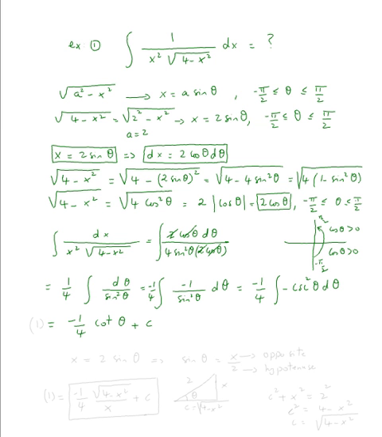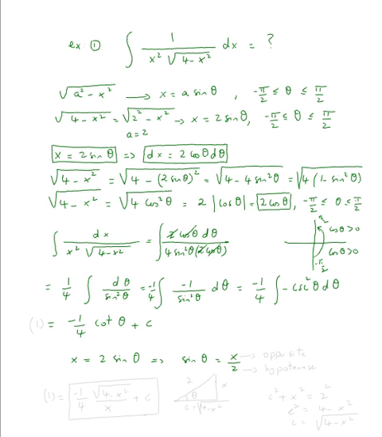Now the integral is written as a function of theta, not as a function of x, so we need to replace theta by x. Converting back to the original variable, x equal 2 sine theta, we would like to draw a diagram. Since the substitution is x equal 2 sine theta, this means that sine theta is equal to x over 2.